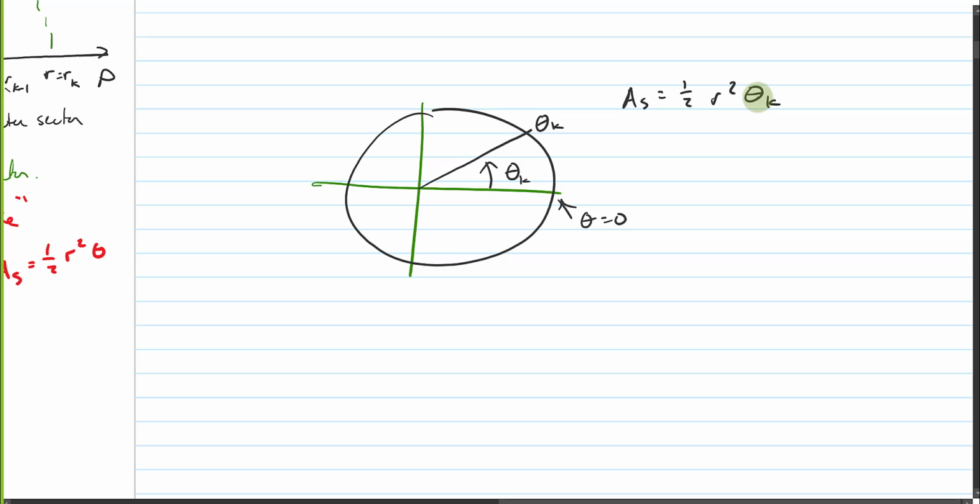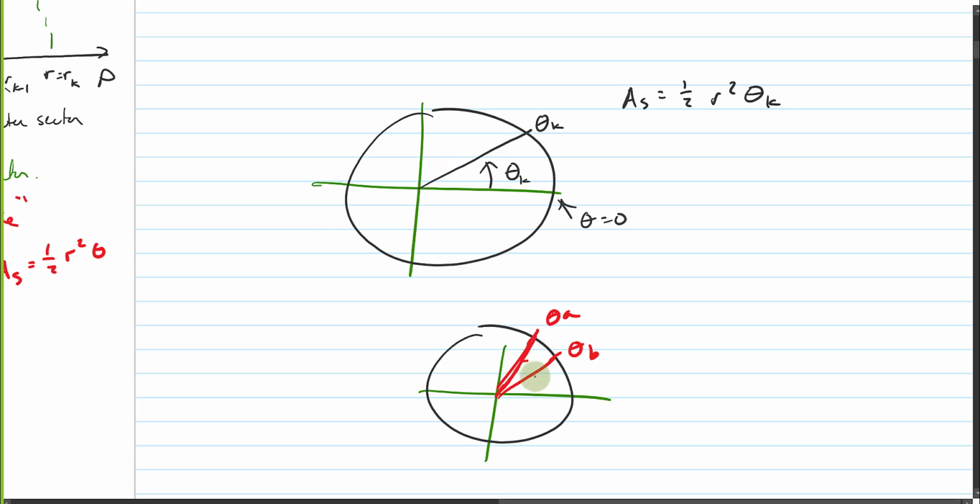But if I were doing this for some other sector that wasn't starting at zero, let's say we were looking at this slice of the pie right here instead, here we'd have some theta b, and here we'd have some theta a, and so our total theta would be theta a minus theta b. So the area of this sector would be 1/2 the radius squared. That part hasn't changed, but we'd have theta a minus theta b, which gives us this net theta for the area of the sector. Is everyone okay with that?